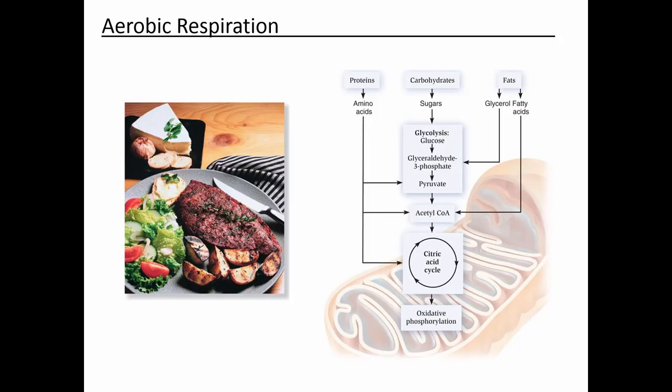The third stage is called the Krebs cycle. Alternatively, you can call it the citric acid cycle, or you may have heard of it called this. And then the fourth stage is oxidative phosphorylation.